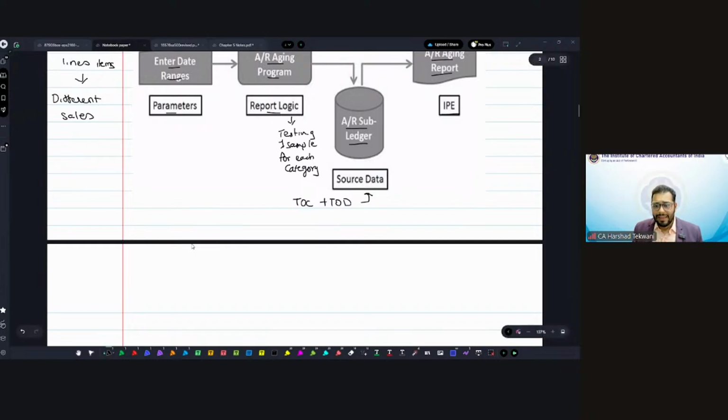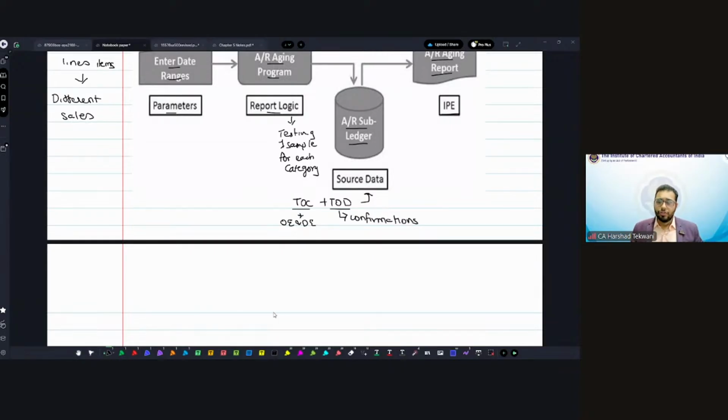When I say TOD, it's nothing but confirmations. When I talk about TOC, I'm talking about control testing, ITGC, a lot of things, operating effectiveness and design effectiveness of those controls. Then only I will be able to say that, okay, the source data is complete, accurate, cutoff is being maintained in that, properly valued.